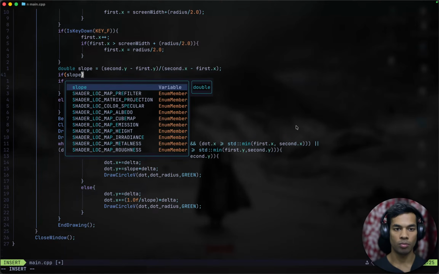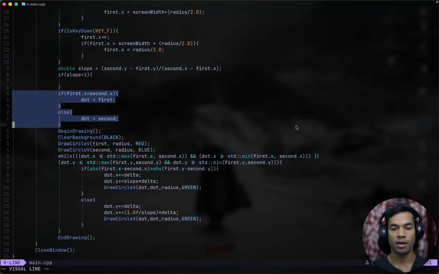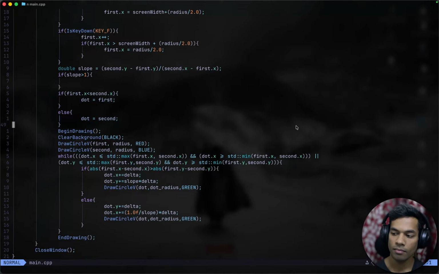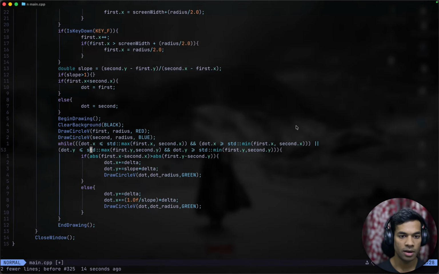If slope greater than 1, that would mean we have less distance. Why did we even do this? Here we are checking if there is more distance to travel on the y-axis, then go in the x-axis. That is like completely wrong.